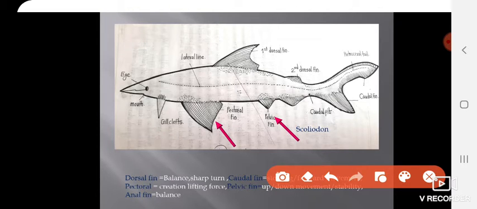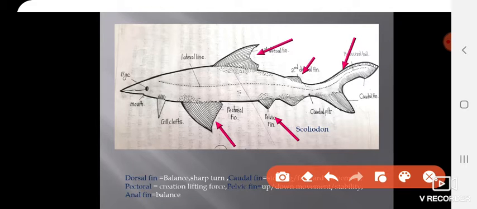Then after these two paired fins, the unpaired fins include the dorsal fins, present on the dorsal side at the top. This fin is unpaired. There is a first dorsal fin and a second dorsal fin. Then the caudal fin, common name tail fin.